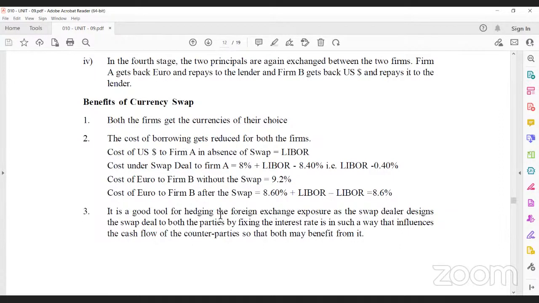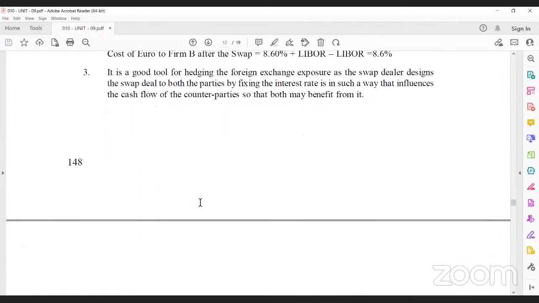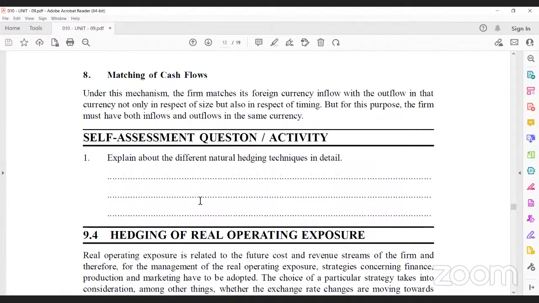Now, it is a good tool for hedging foreign exchange exposure, as a swap dealer designs a swap deal for both the parties by fixing the interest rate in such a way that it influences the counterparty so that both will be getting the benefits from it. Okay, then we have another technique, matching of cash flows.